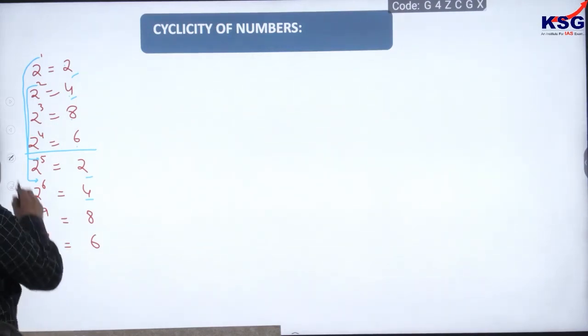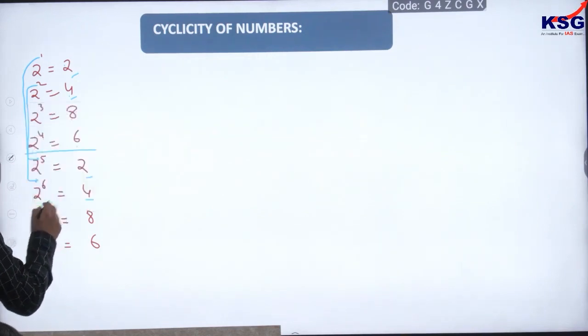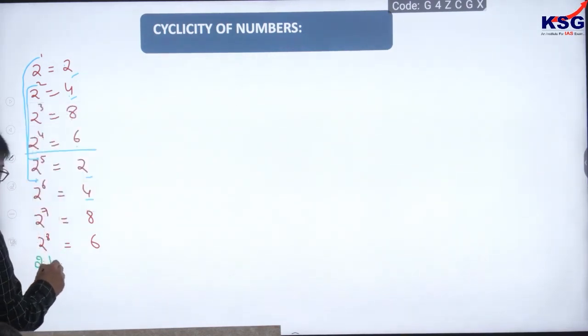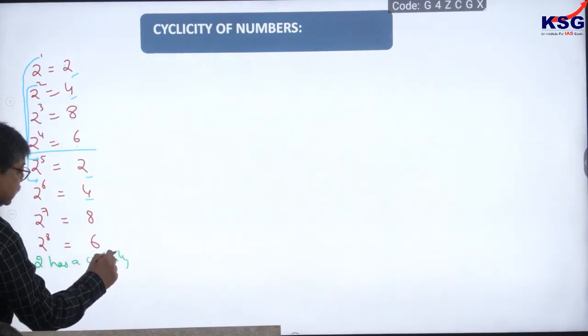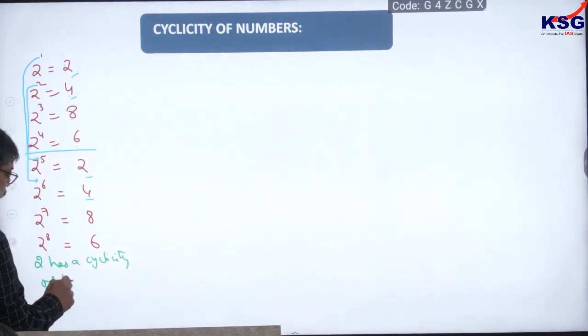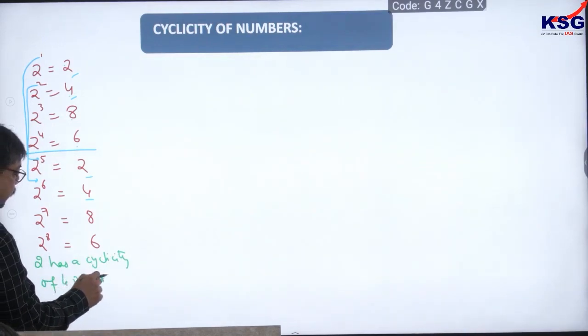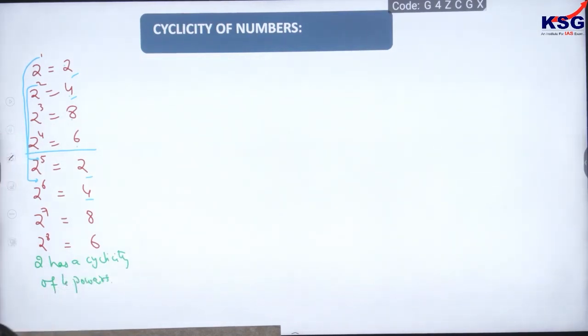So we can say that 2 has a cyclicity of 4 powers. Cyclicity means repetition of 4 powers.